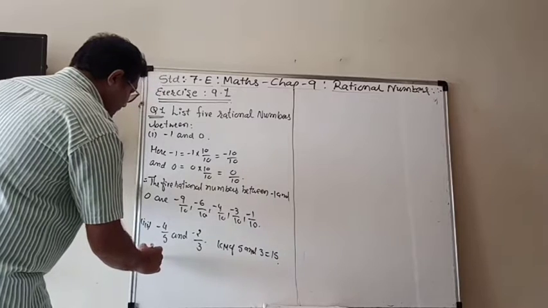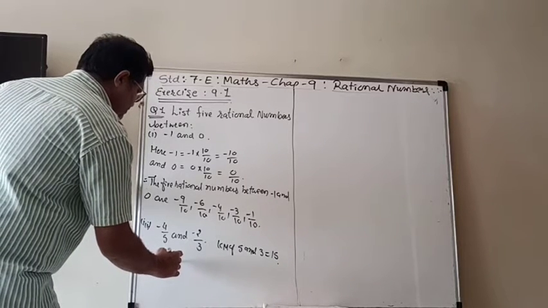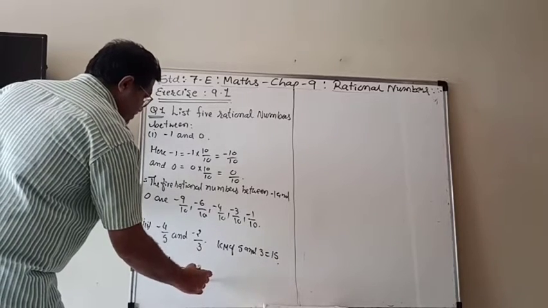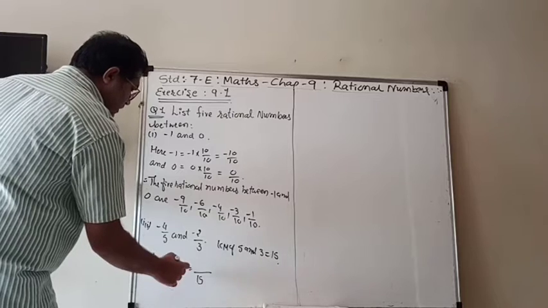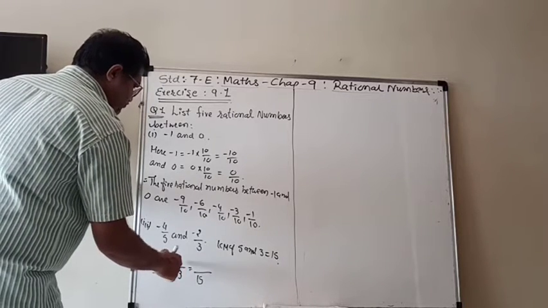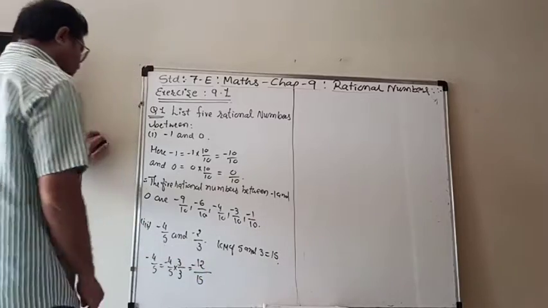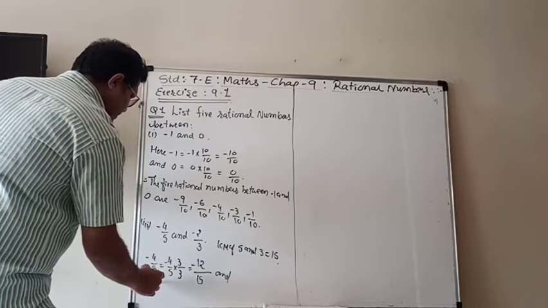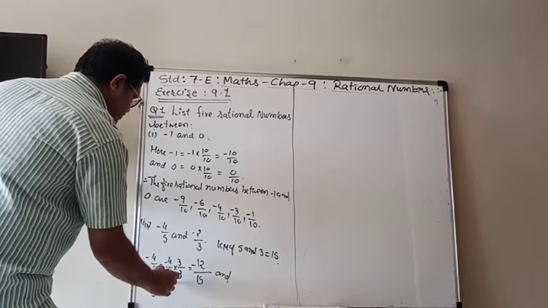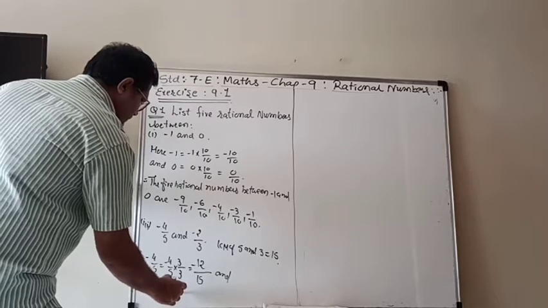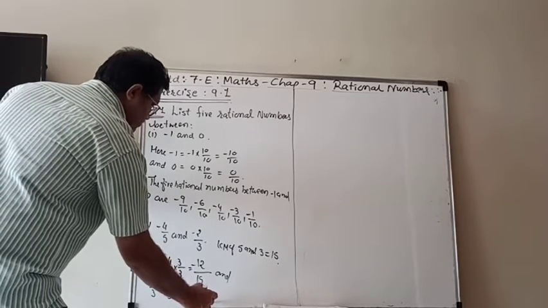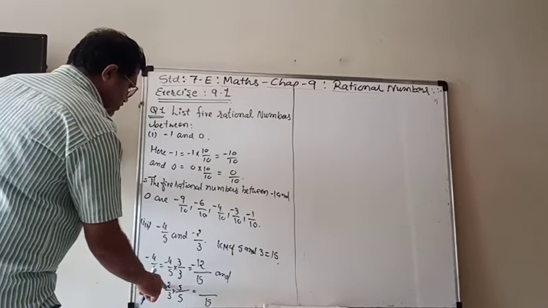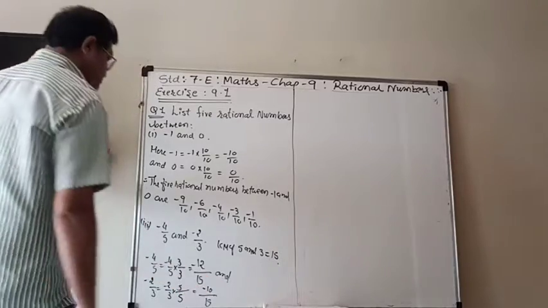So now -4 upon 5 should be multiplied with something such that the denominator is 15. So 5 multiplied by how much? 3. So -4 3s are -12 upon 15. And similarly the other one is -2 upon 3. So -2 upon 3 multiplied by something so that the denominator is 15. So 3 5s are 15, so we have to multiply it by 5. So we get -10 upon 15.